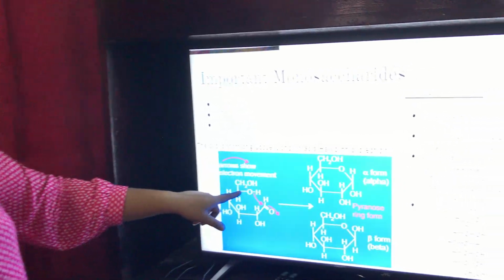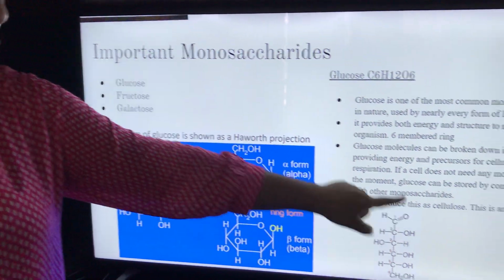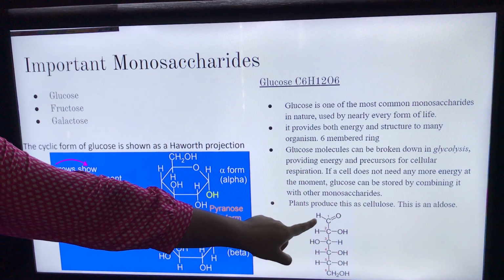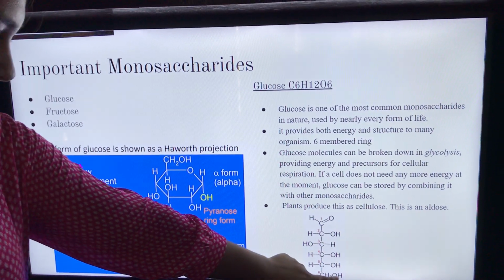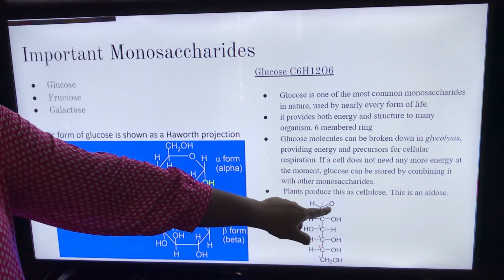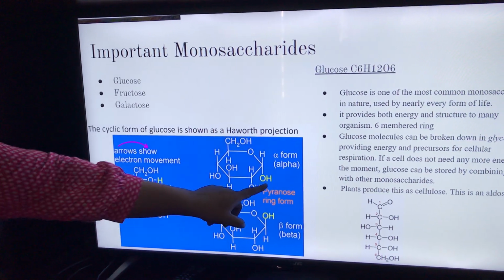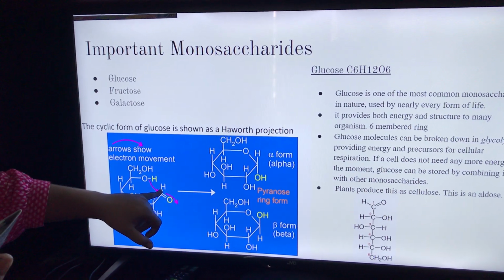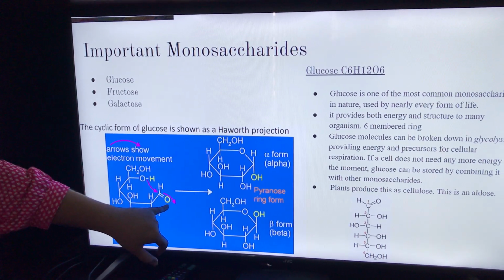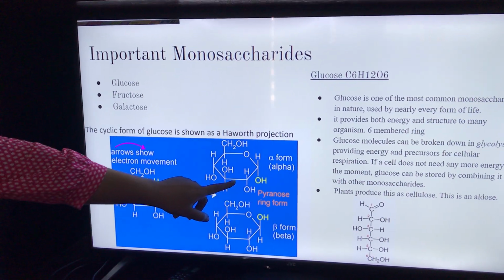You just see the bonds, like when we would want to change the open chain into a ring structure, this hydrogen will move up here to the first carbon, and this double bond will break, which will then form a OH group, which is this, and then this hydrogen will remain. So the only thing actually that changes is that this bond will break because this hydrogen and this oxygen will bond and form OH.